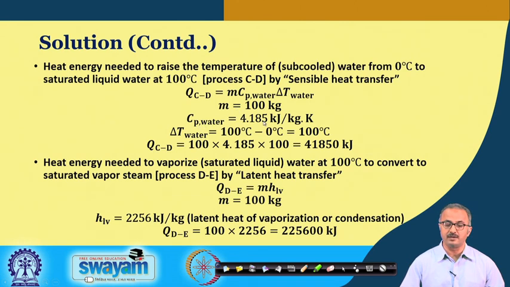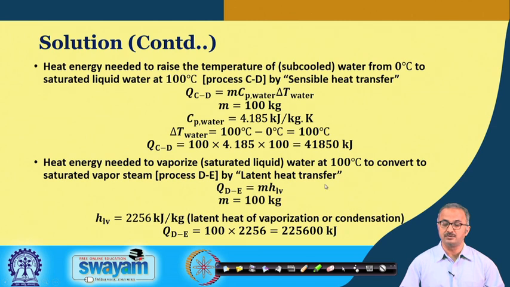So we are taking the value of the specific heat of water here and the temperature difference of the water from 100 degree and 0 degree centigrade. So this is the sensible heat required to convert water from 0 degree centigrade to 100 degree centigrade. Now next, this phase transformation of liquid water, that is saturated liquid, to the saturated vapor.